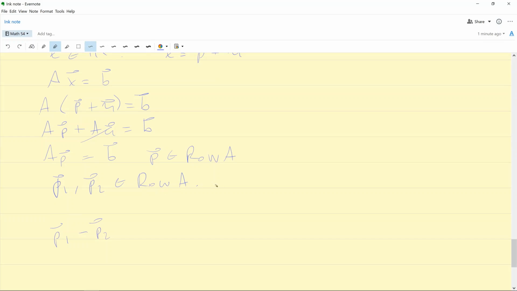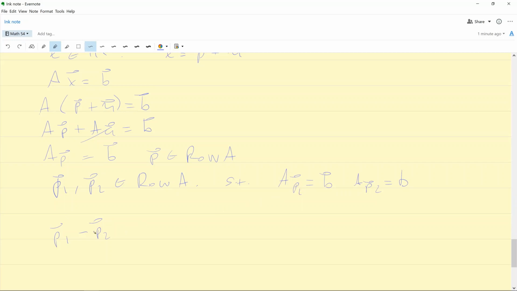We have the constraint that both of these are solutions. I want some way of proving that these are equal, if this is really unique.